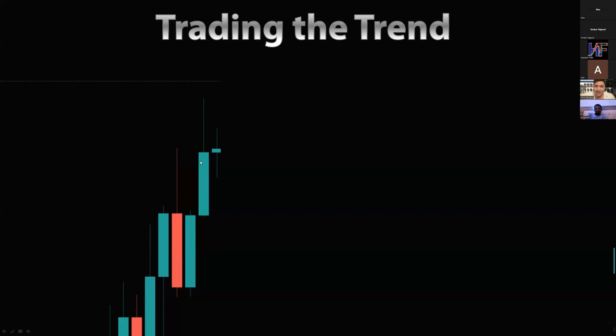So what's happening here? Price has made the high, so I will wait for support in the 30 minute time frame. Very straightforward, perfect. Still waiting. Okay, so the trend is bullish.